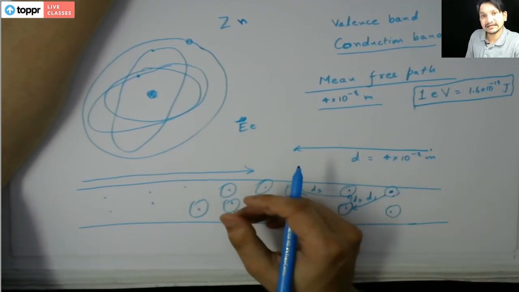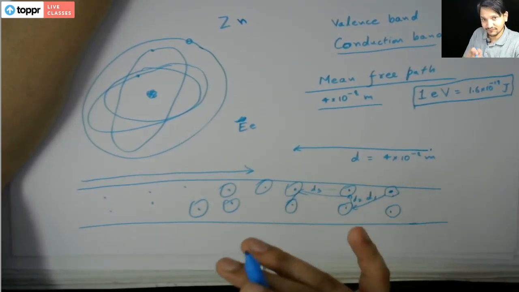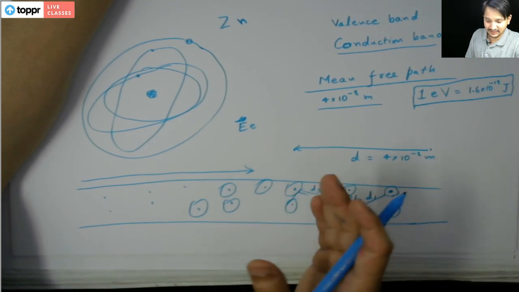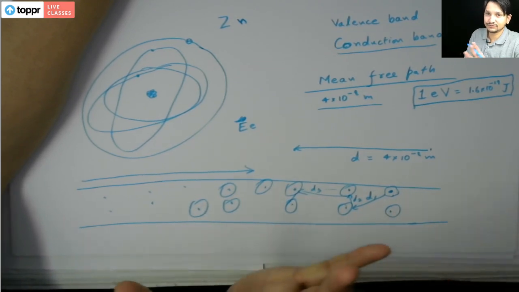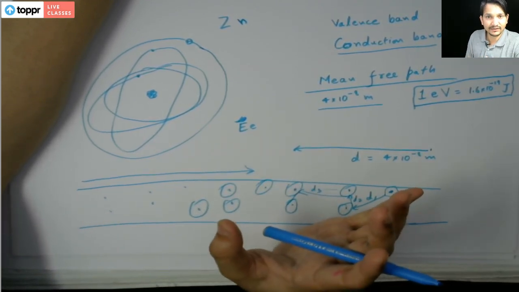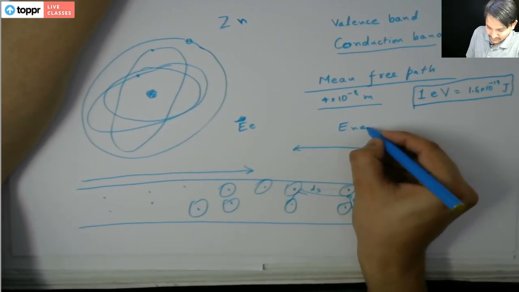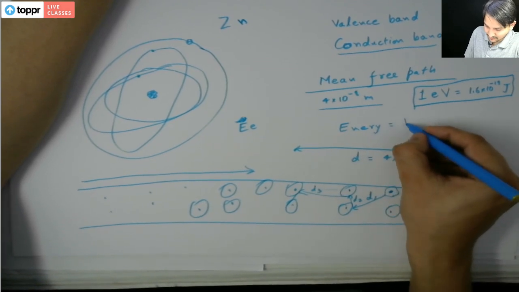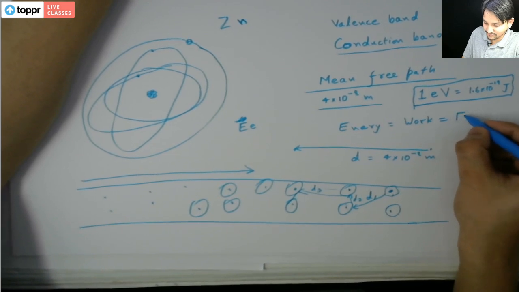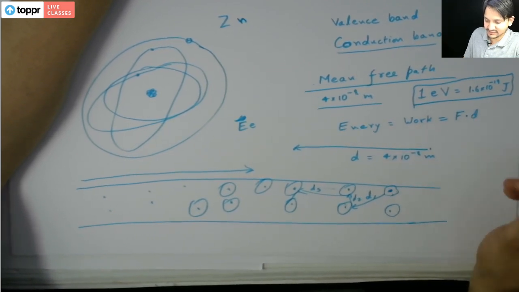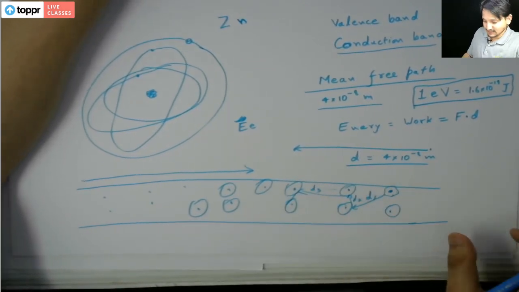And we know that energy given to one particle is equal to force times distance, meaning the work done is equal to the energy acquired by that particle. So energy is equal to work done, and work done is equal to force times displacement. We know that displacement is d here.